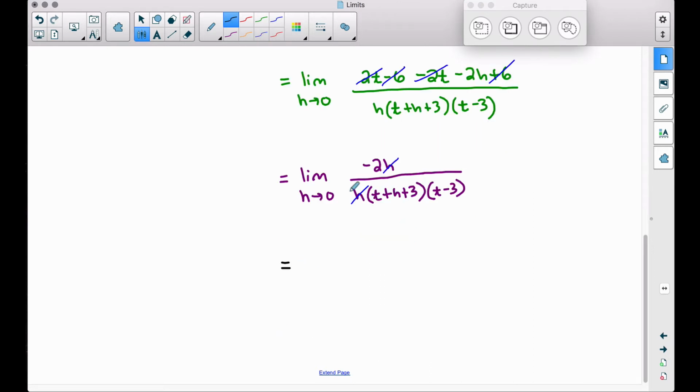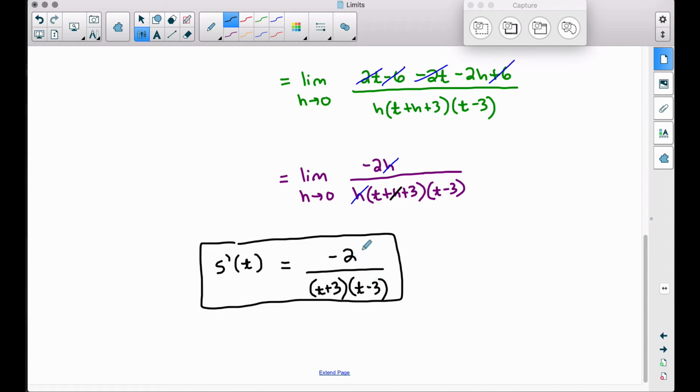So up top we're going to have negative 2, because that h canceled out with that h, we don't even worry about that. Plugging a 0 into there, we still have t plus 3, but this little piece here gets knocked out, so we have t plus 3, and then we have that t minus 3 there. This is our derivative. This is s prime of t.